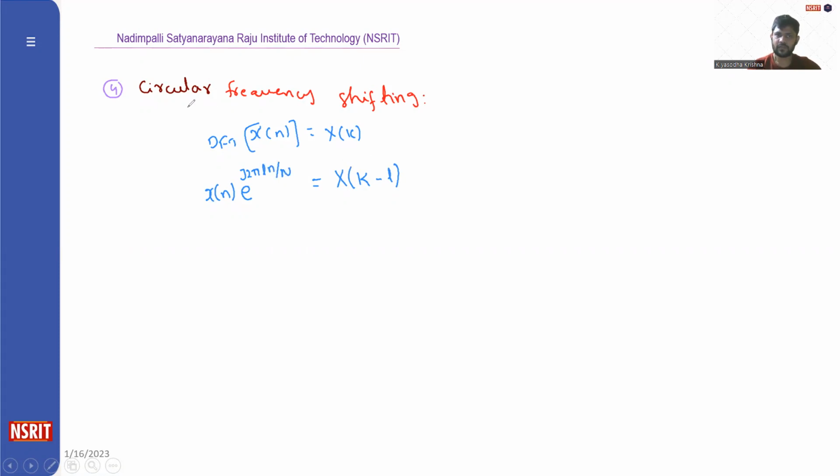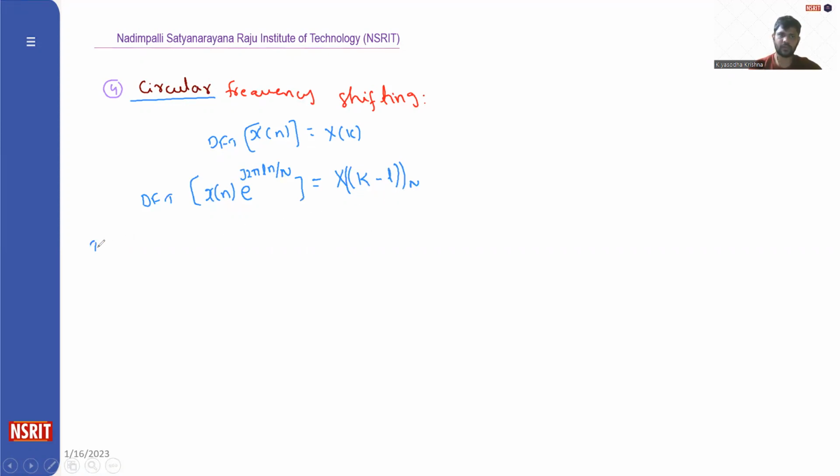Now the term is called circular; circular is simply taking the modulo brackets along with your n. So applying the DFT to this term, you will get X of (k minus l) modulo N.